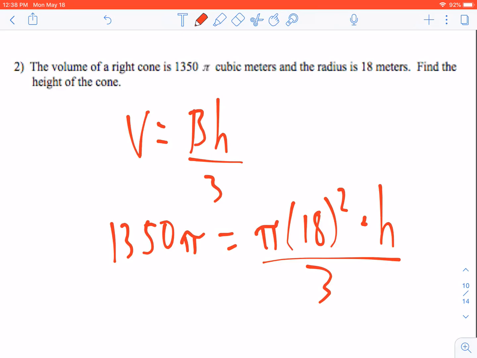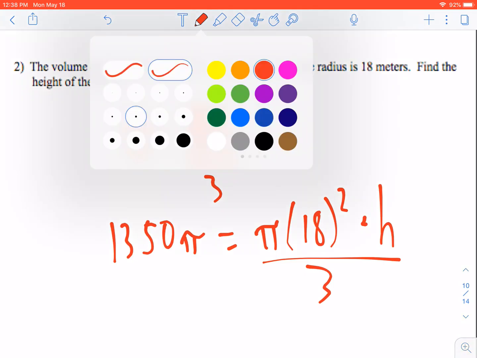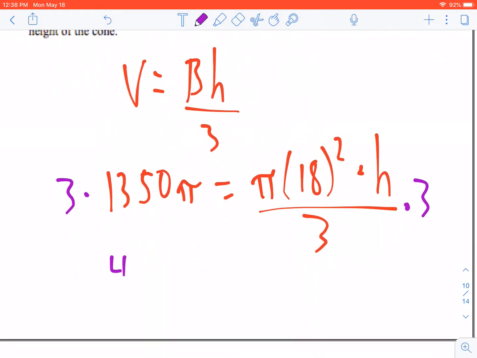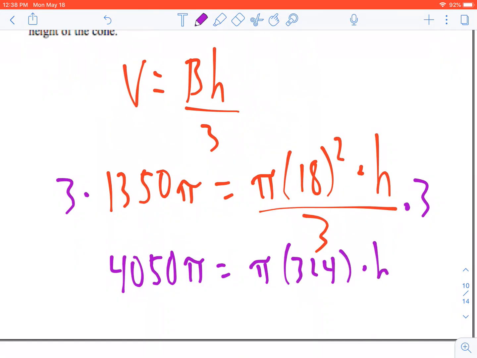First thing we're going to do, multiply both sides by 3. So we end up with 4050 pi equals pi times, well, 18 squared is 324, times h. Now, if you notice, we have that pi on each side.